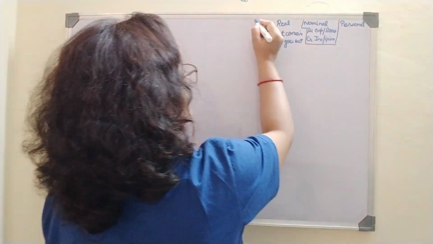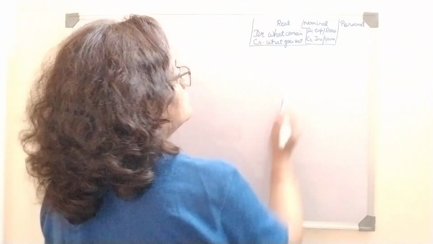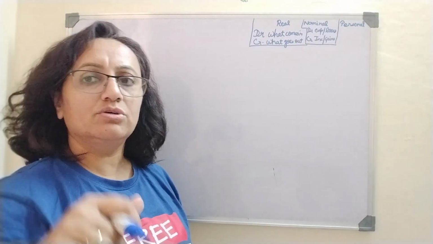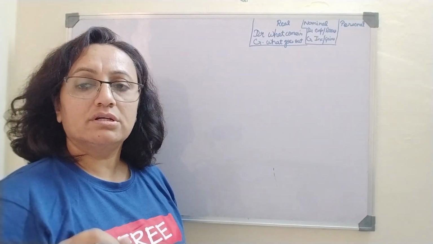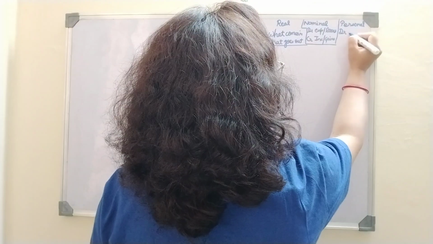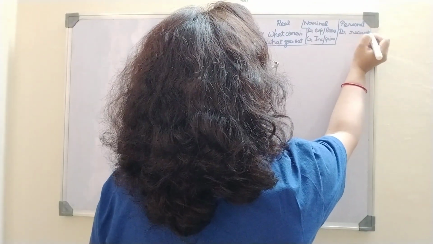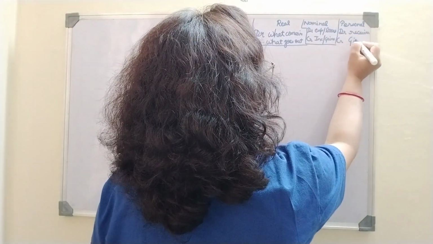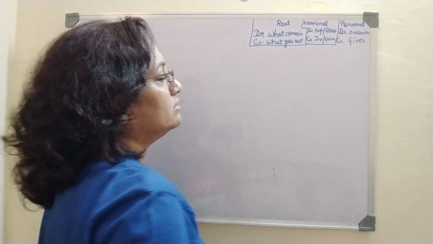Personal is, I request all the students, when you're starting with the journal entry, these three rules you write with you somewhere, so that while doing the journal entry you can refer to them if you're getting confused, right? Personal account is debit receiver, credit giver. So that is according to the transaction we will be doing it.